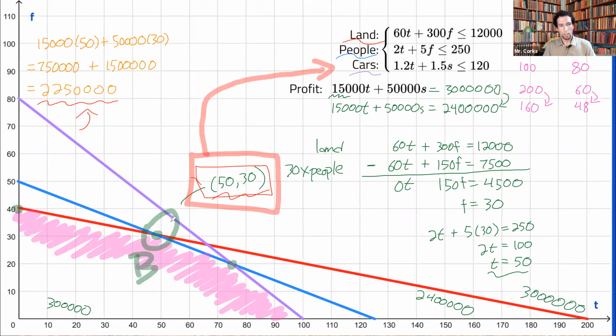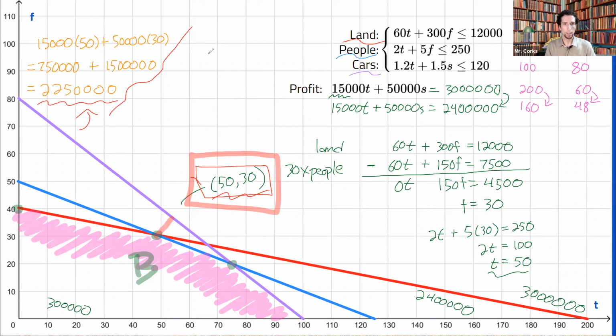So from point B to the purple line, there's a gap. We can see there's a gap right there. That much is slack. So at point B, how many cars do we believe there will be in this neighborhood? 105.